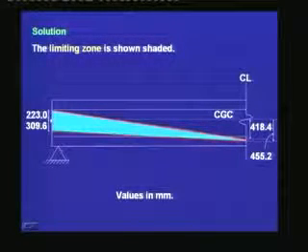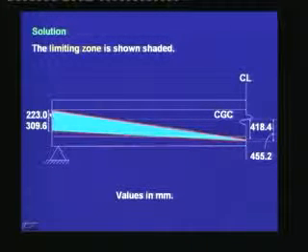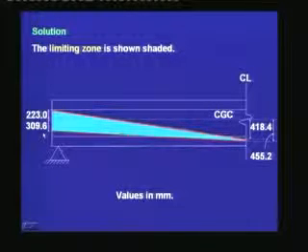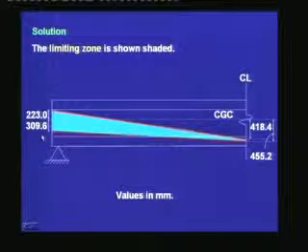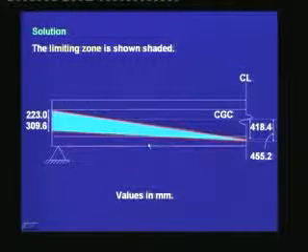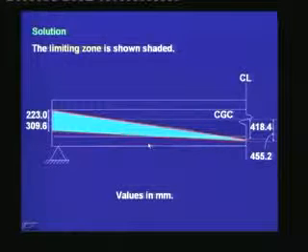Here the CGS can lie above the CGC up to a height of 223 millimeters, and it can lie below the CGC up to a depth of 309.6 millimeters. This blue region is the limiting zone of placing the CGS along the span of the beam.